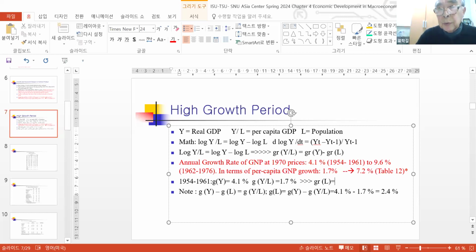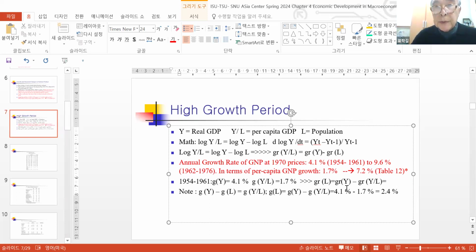Growth rate of L should be equal to growth rate of Y minus growth rate of Y divided by L. So in this case, I solve for it.